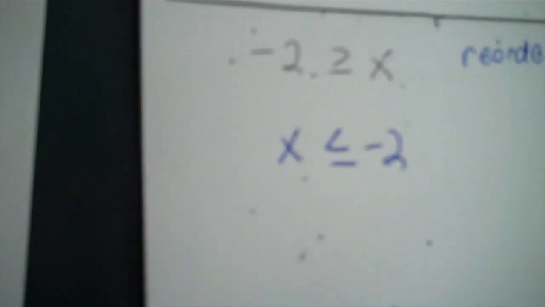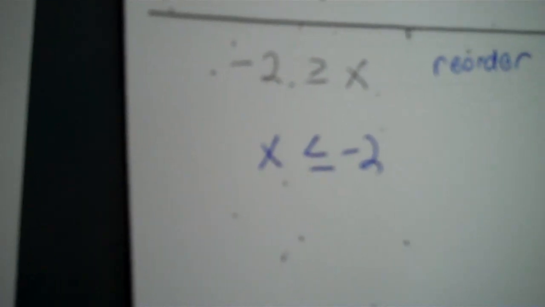What you do is you flip the sign, because negative 2 greater than or equal to x, so I flip the sign, then I can put x first and negative 2. Because negative 2 is greater than x, and x would be less than negative 2. Okay, so you have to reorder that. Don't ever graph an inequality when the variable is not listed first. So negative 2, circle, fill it. It's less than, so it would go this way.